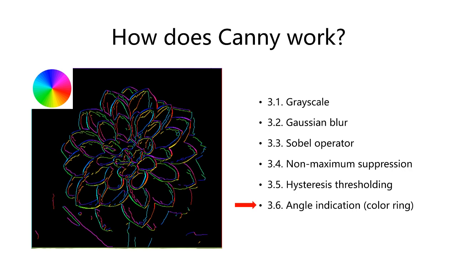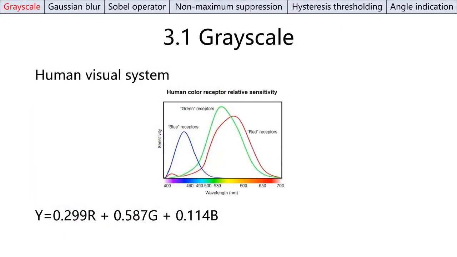The coloring is shown at the top left of the image. I put the steps of the whole process at the top of the screen so you can know which step we are talking about and what we have done in the previous steps. Okay, and I will start to explain the details of each step, starting from grayscale.